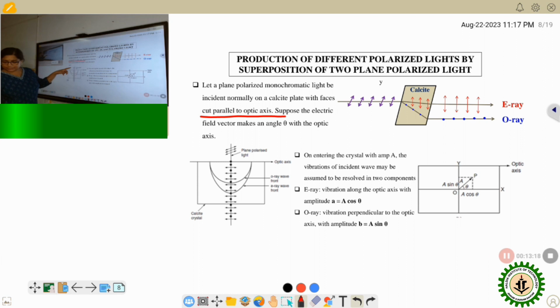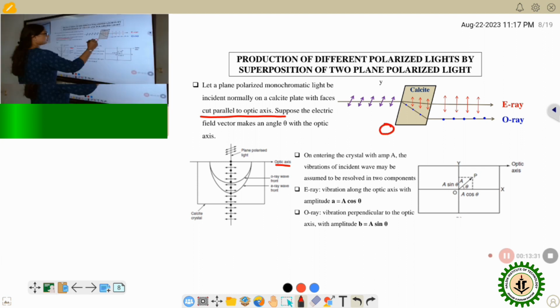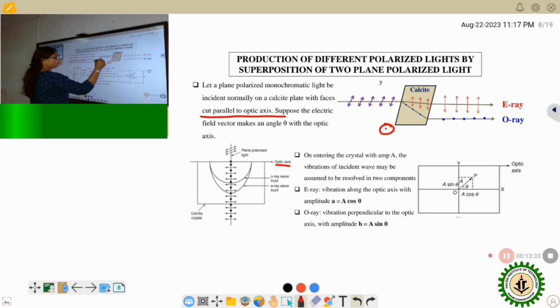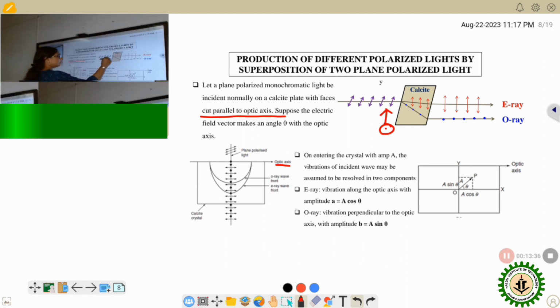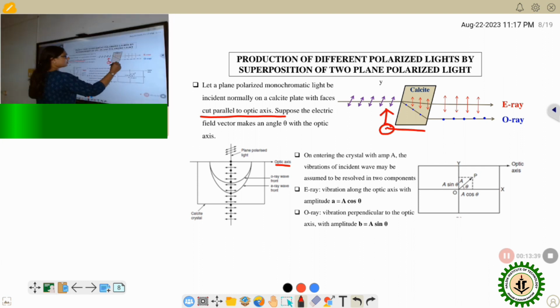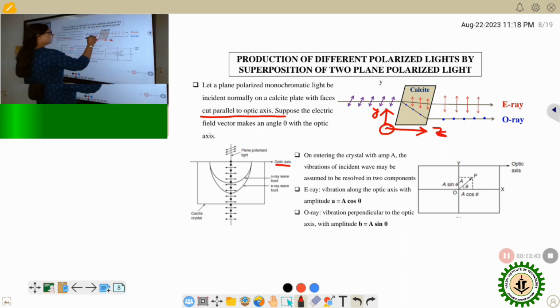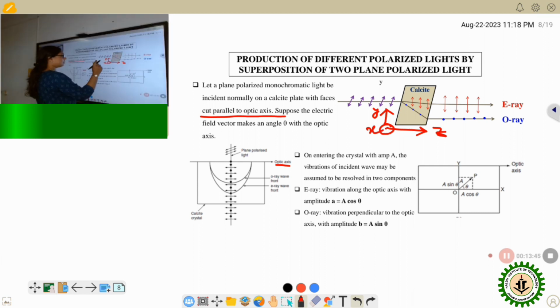As you can see in this picture, let me say that the optic axis is along the x-axis. So x-axis must be this, that is perpendicular to the plane of the board. Y-axis is vertical and z-axis is this. So this is y, this is x, this is z.